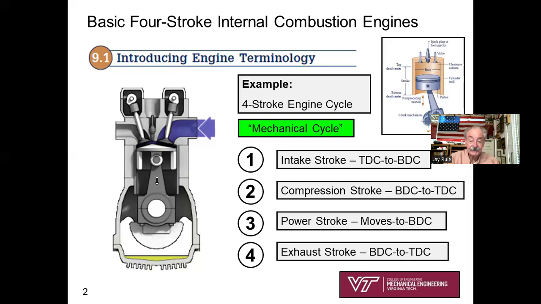That's what gives us the engine power to drive our cars, our vehicles. Then, as my dad explained, we've got to exhaust the exhaust gas to start all over again, to bring in fresh air, to add fuel, to begin the combustion process, and on and on. So there's an exhaust stroke for that mechanical cycle.